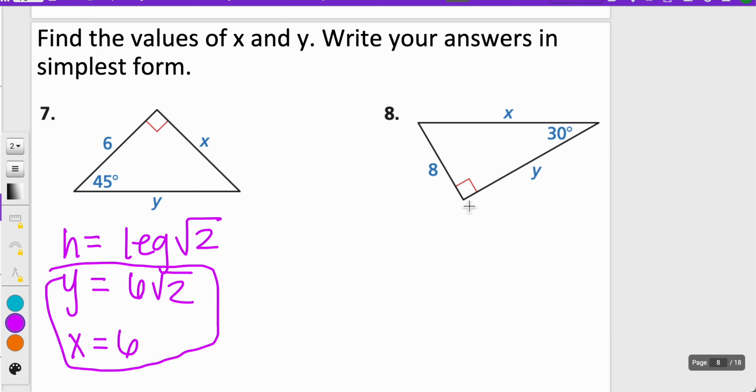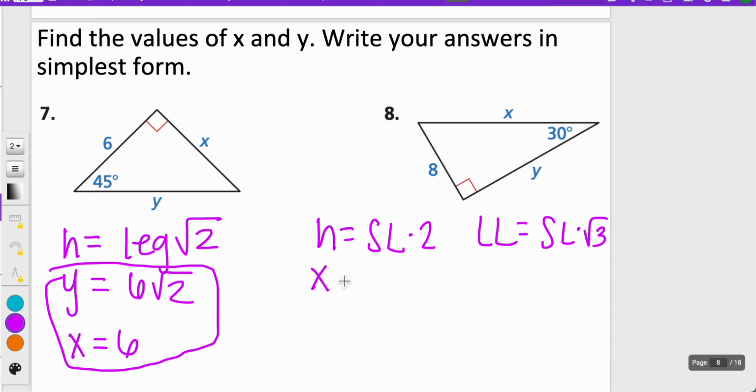For number 8, this is your 30-60-90, and we are dealing with two unknowns. We can find hypotenuse by doing short leg times 2, and then we can find long leg by doing short leg times square root 3. So since I don't know the hypotenuse yet, I'm going to write that as x, but I do know short leg is 8 since that's across from my 30 according to that angles theorem.